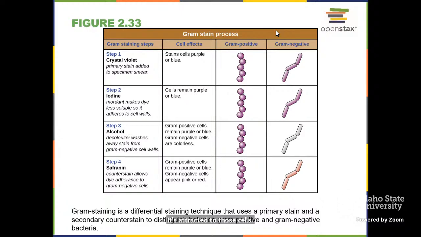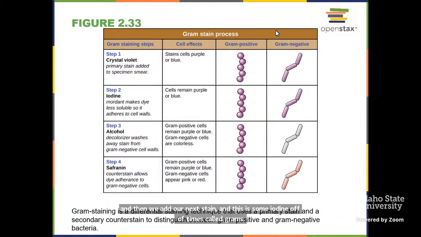After that, there's a quick rinsing step, and this crystal violet goes on for about a minute, all right? We give it a quick rinse with some water. There's some squirt bottles, and we hold the slide at an angle, which allows it to rinse off that stain. And then we add our next stain, and this is some iodine, oftentimes called Gram's iodine.